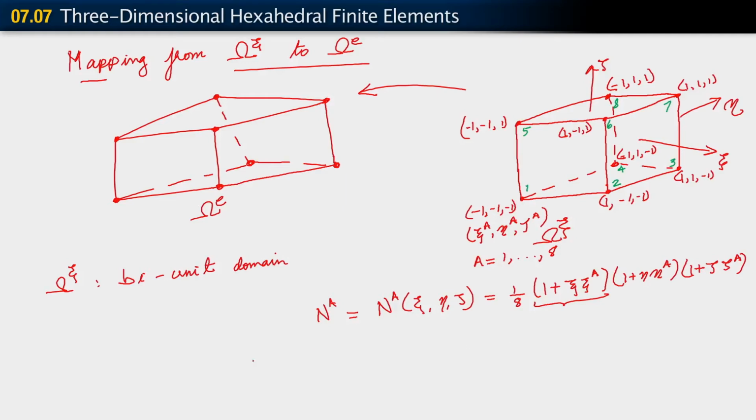So the N A written as a function of xi, eta, and zeta are what are called tensor product functions.